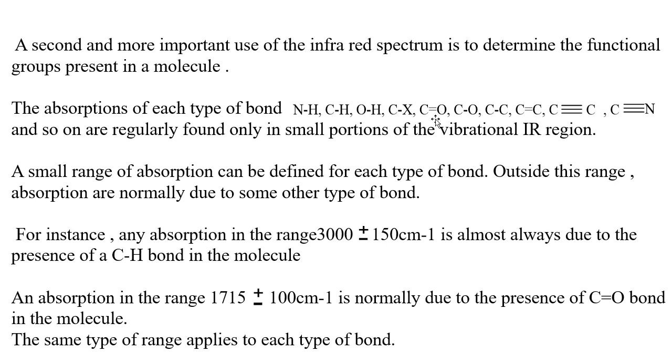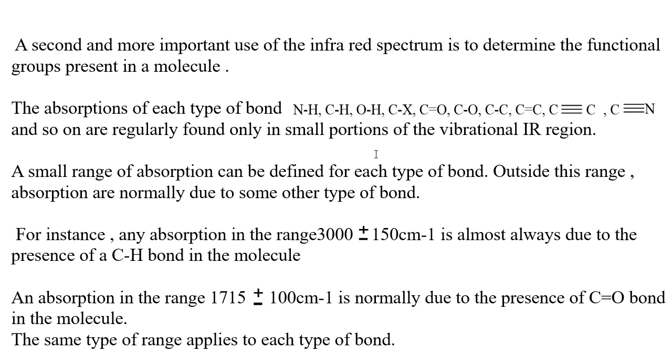Similarly, C double bond O usually absorbs at 1715 plus or minus 100 centimeter inverse. That means it is the portion where this C double bond O absorbs in different molecules.